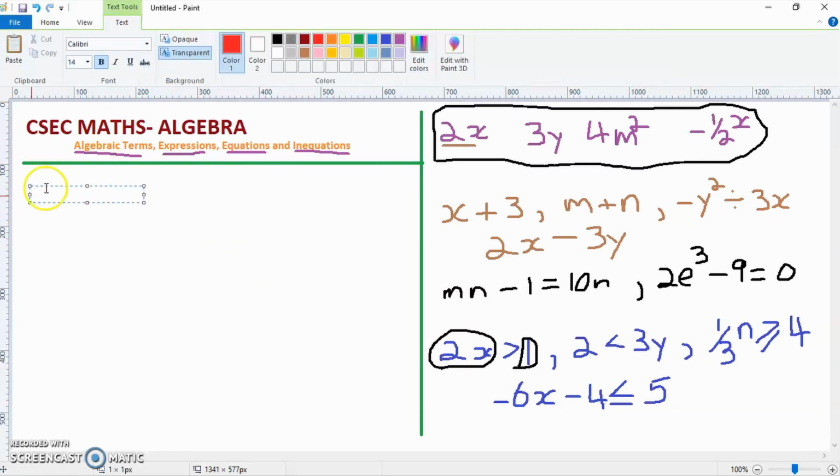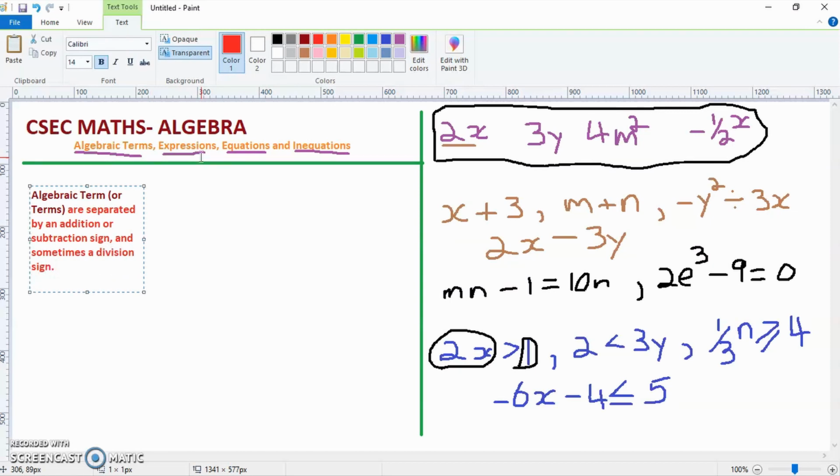Algebraic terms are usually, not usually, but are separated by an addition or subtraction sign, and sometimes a division sign.